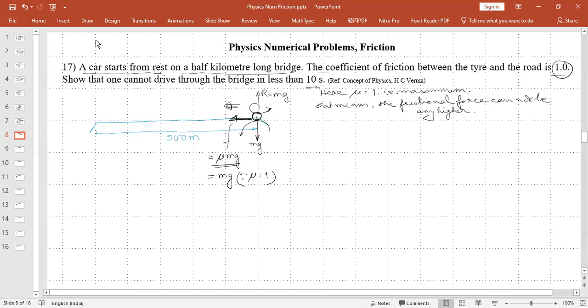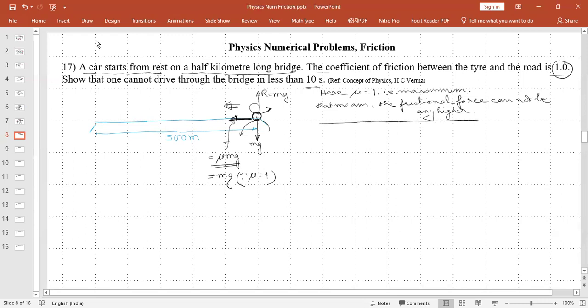And frictional force cannot be any higher. That means the force which actually makes the car move is the highest. This is the actual hidden logic of this particular problem. This we have to understand clearly.